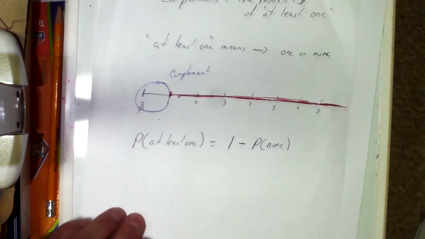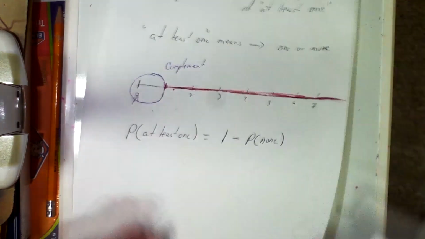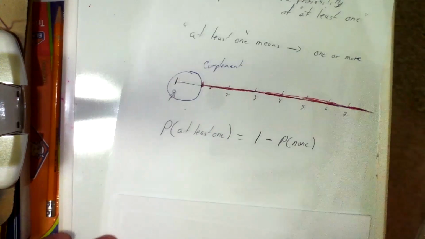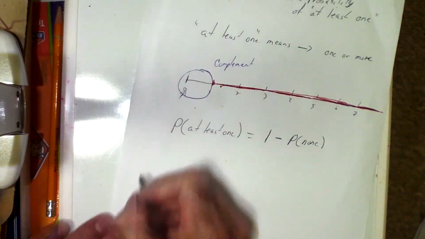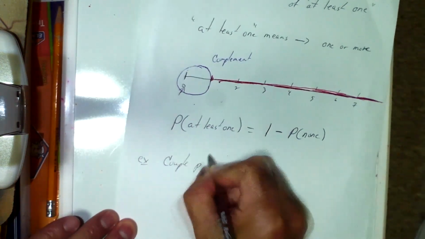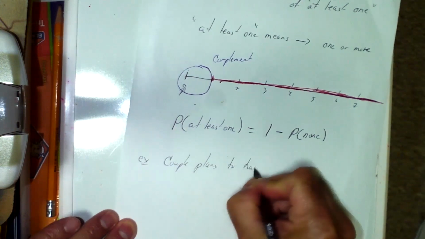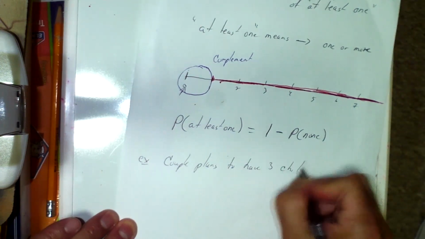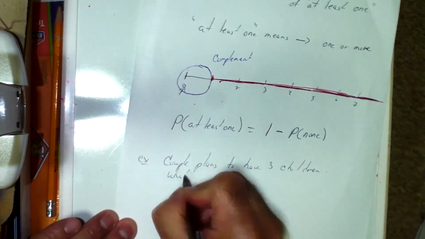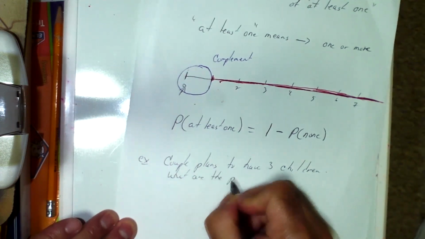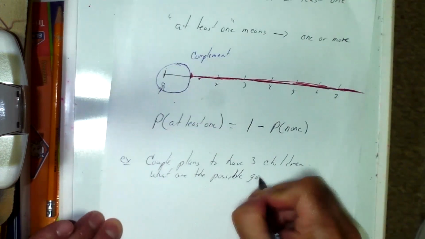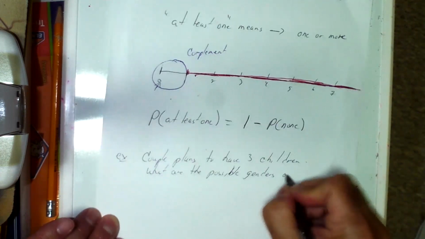So let's do an example of how the procedure works. Okay, so let's suppose for example, you have a couple that plans to have 3 children. What are the possible genders of the 3 children?